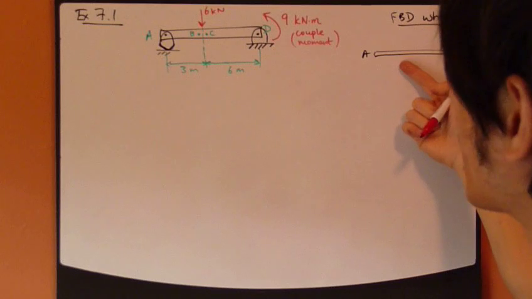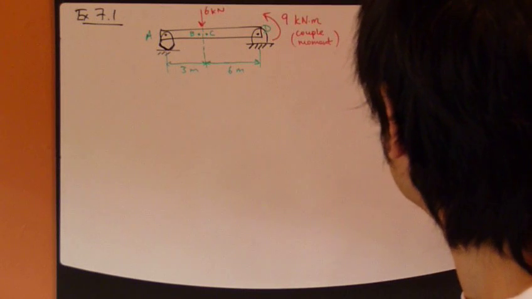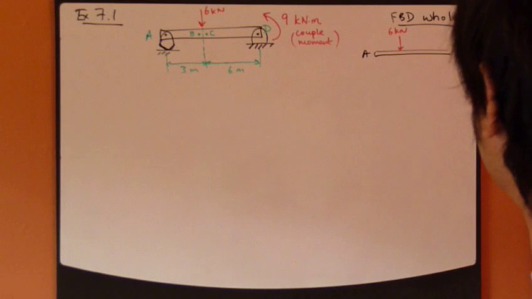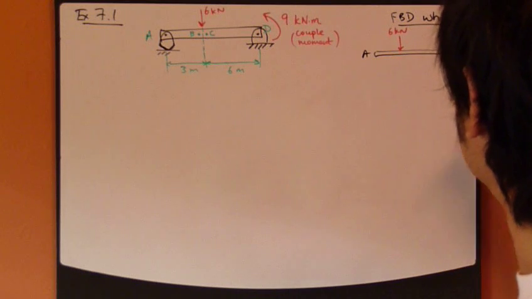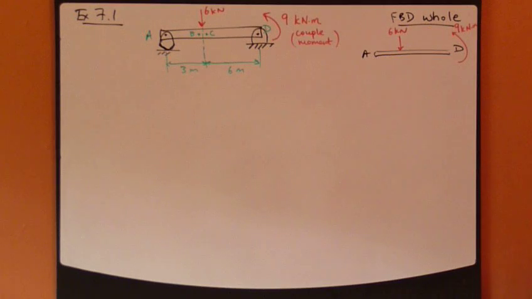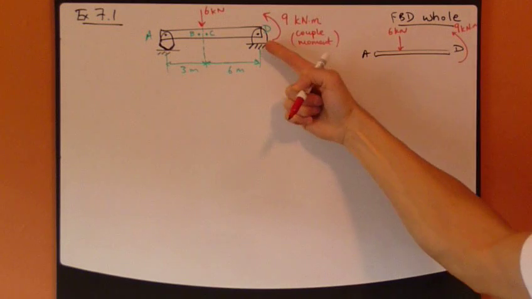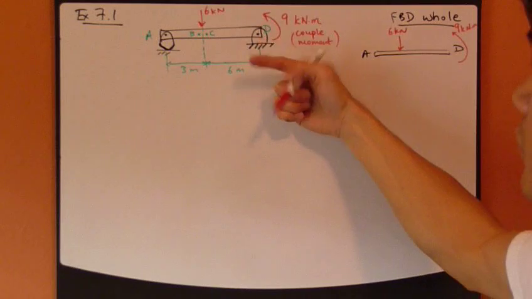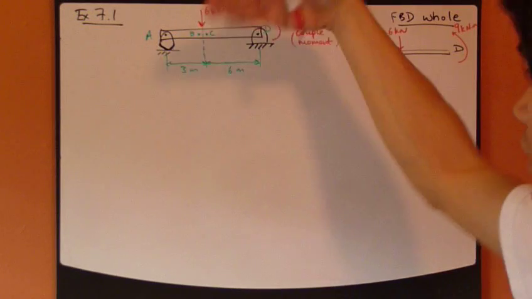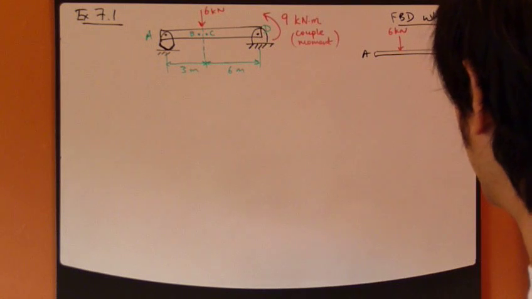So here we have 6,000 Newton, and we have 9,000 Newton meter of moment. So these two are the externally applied force and moment. What else? Well, we have this connection right here. Since it's free to rotate, now we have a reaction force.